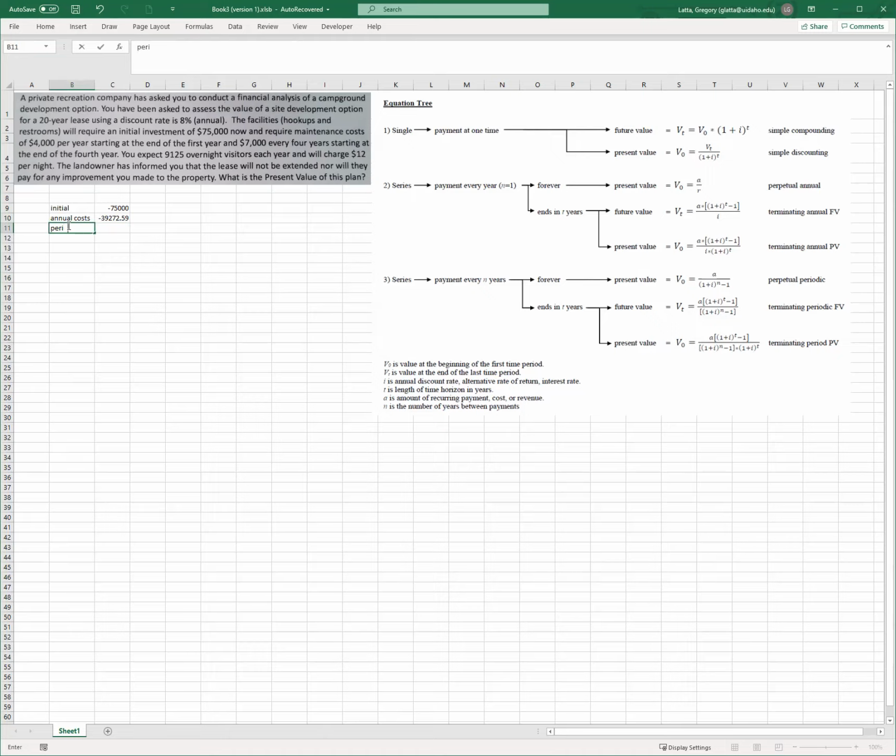Now we're doing periodic costs. This one was the $7,000 every 4 years. So over here, this was the one at the bottom, where we have every N years for T years.